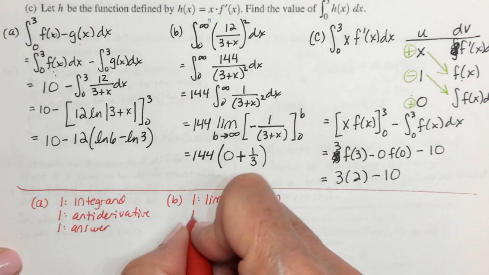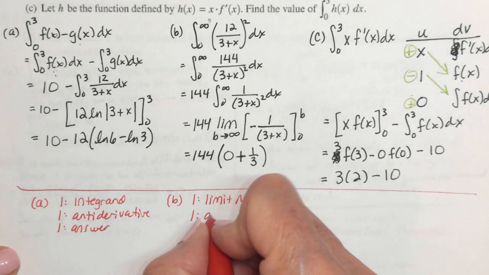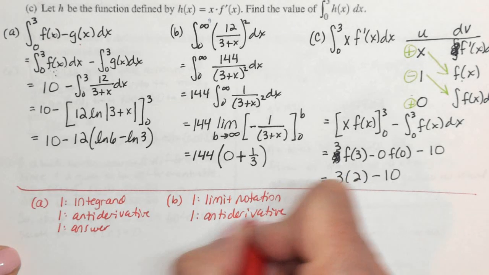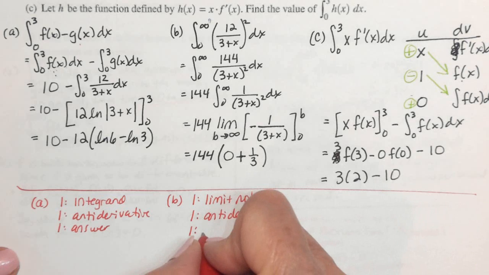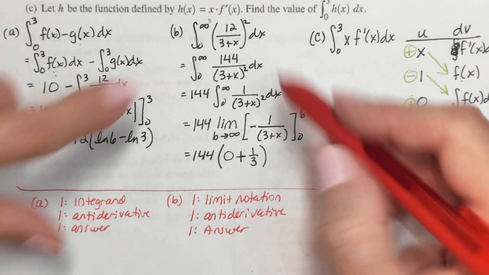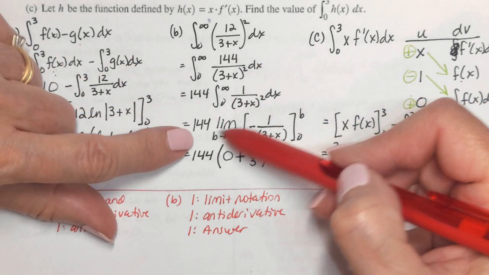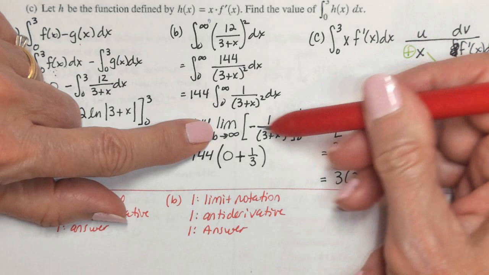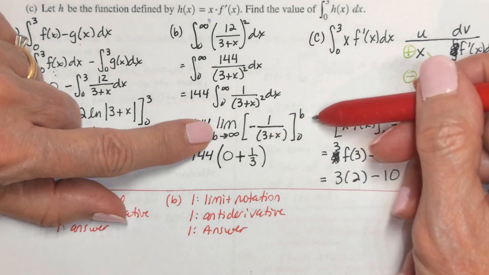Okay. 1 point was given for the antiderivative. And 1 point was given for the answer. So, limit notation, don't put infinity here. Take care of it with a limit.